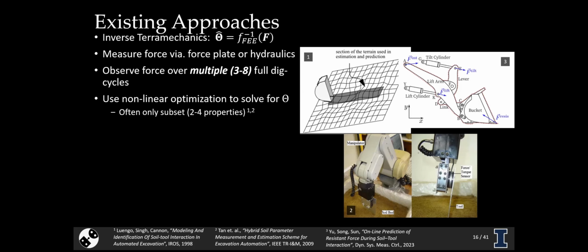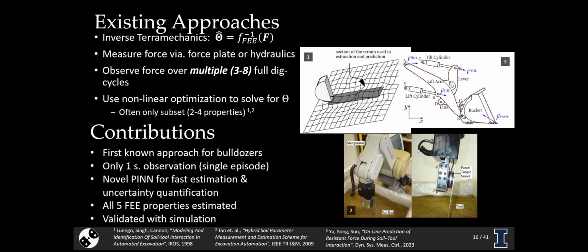Most of the prior work has been in the use of excavators, and so they require multiple dig cycles in the same area, where you're making the assumption that the soil properties are not changing over the course of that. And then nonlinear optimization methods are used in order to find these parameters. Typically this is only done for a subset of those 5 properties, so looking at cohesion and internal friction, for example.